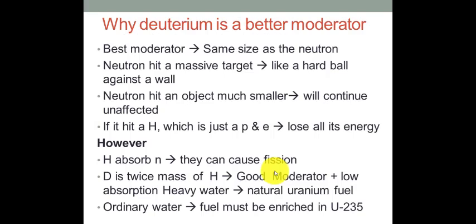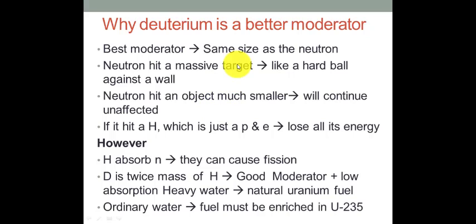Let's discuss it here. What is the quality of a good moderator? A good moderator used to slow down the speedy neutron is something that is the same size as the neutron itself. This is true because if a neutron hits a massive target, it would just bounce off in a different direction with little loss of energy, like a hard ball against the wall.